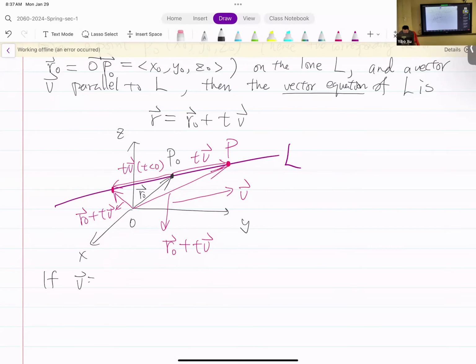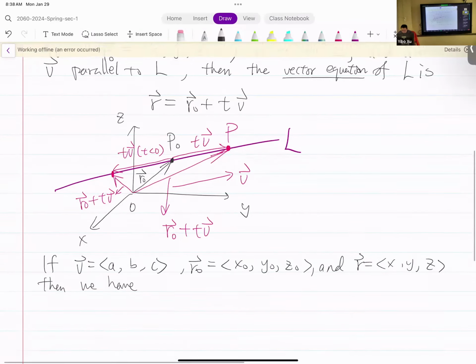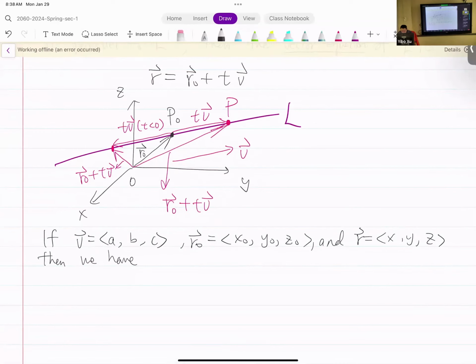If v equals the vector ABC, r0 is a point that has x0, y0, z0 as the components. And finally, if we represent r as the unknowns x, y, z, then we just rewrite the top equation.